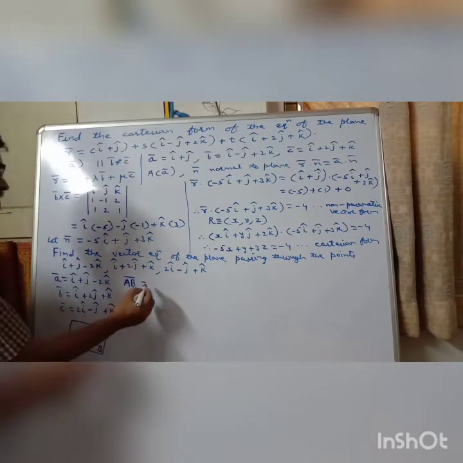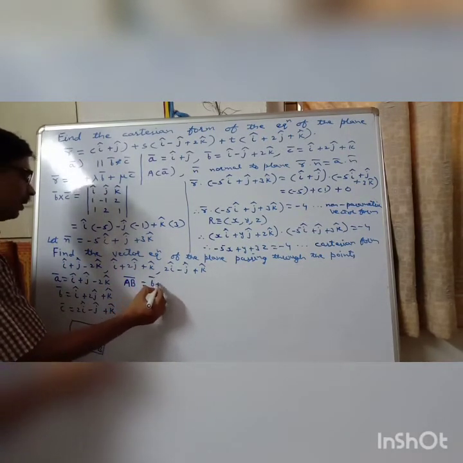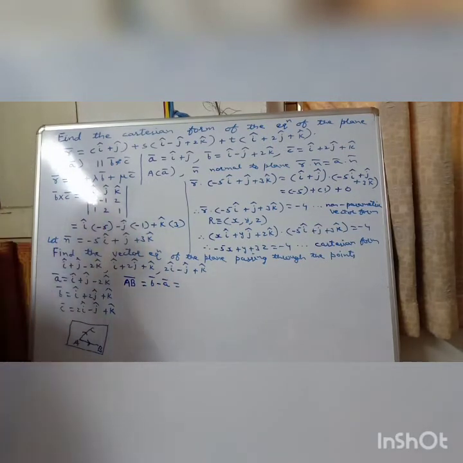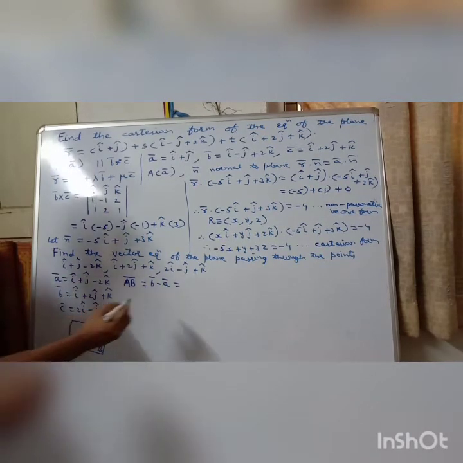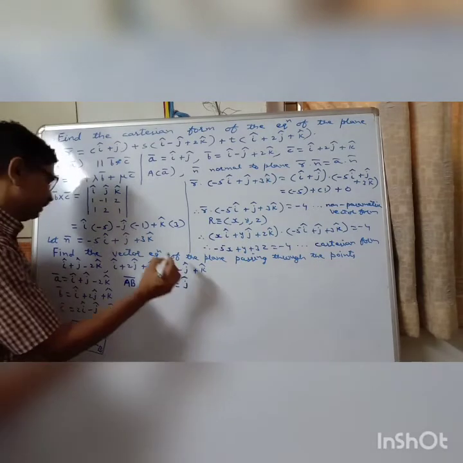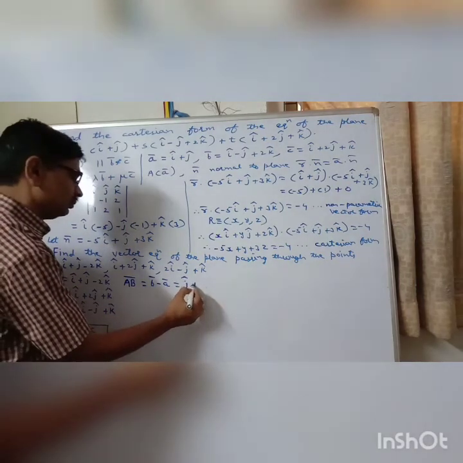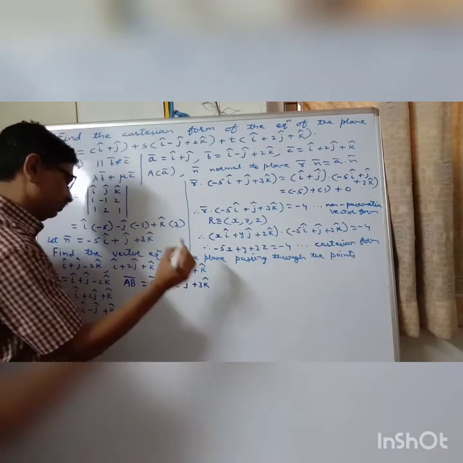Position vector of terminal point B, B bar, minus position vector of initial point A bar. I minus I cancel. 2j minus j. K minus minus plus 2k. 3.